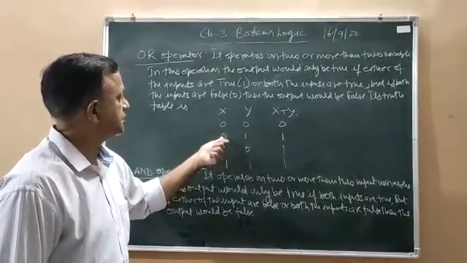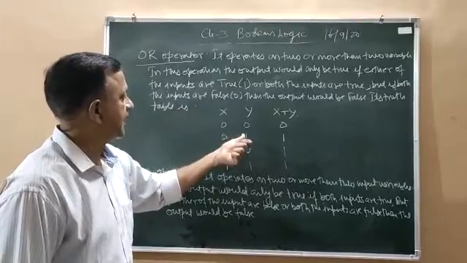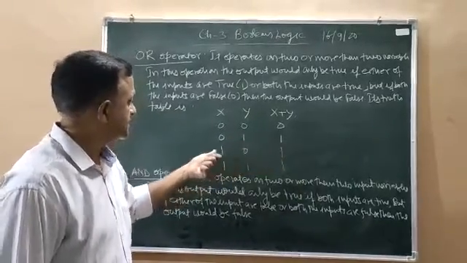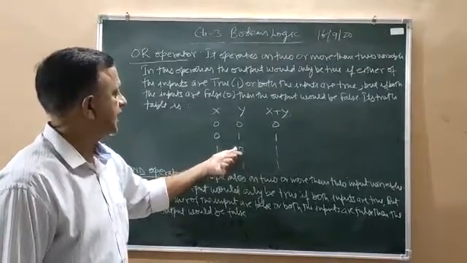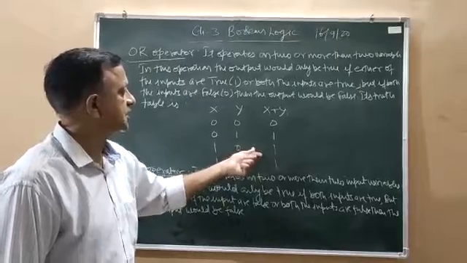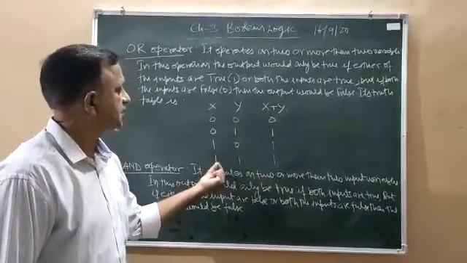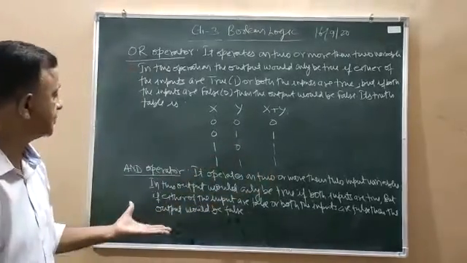If either of the inputs are true, that is first is false, another is true, then the output would be true. In the third combination, if first input is true and the second input is false, then also the output would be true. Or if both the inputs are true, then the output would be true. So this is the OR operation.